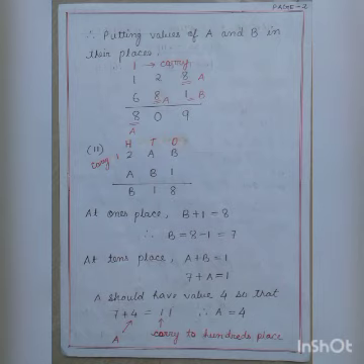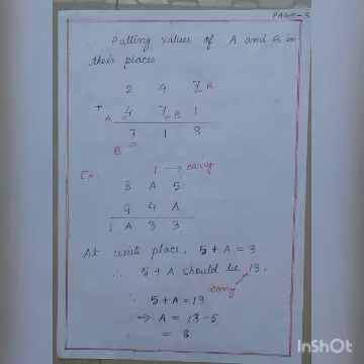Therefore, a should have value 4. Now putting values of a and b in their places, 247 plus 471 is 718, which is true.